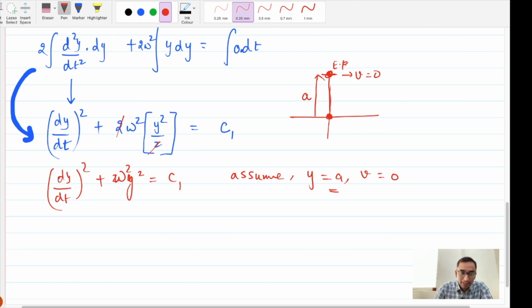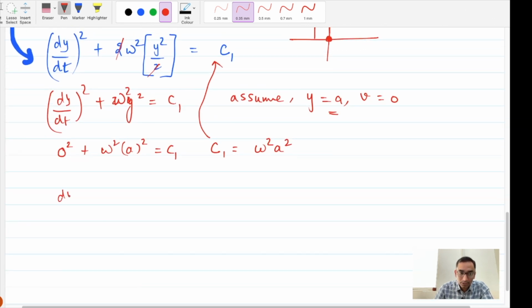That is what I have said, when y is a, velocity is 0. So, dy by dt is velocity and that is 0 when y is a. So, what do I get as the value of C1? Omega square a square. This value I am going to substitute here. So, the equation becomes (dy/dt) whole square plus omega square y square is equal to C1, but I have found out C1 is omega square a square.